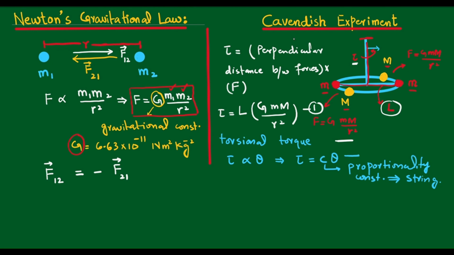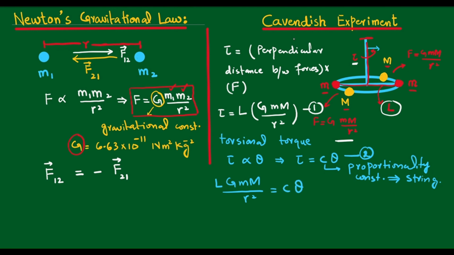These two torques at equilibrium will be equal, so equation 1 and equation 2 are equal: capital L times capital G small m capital M divided by r square will be equal to c theta.